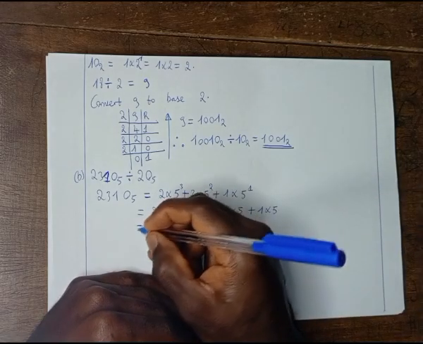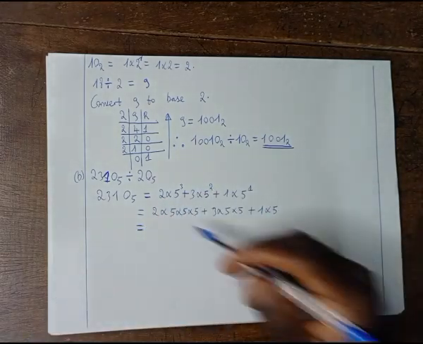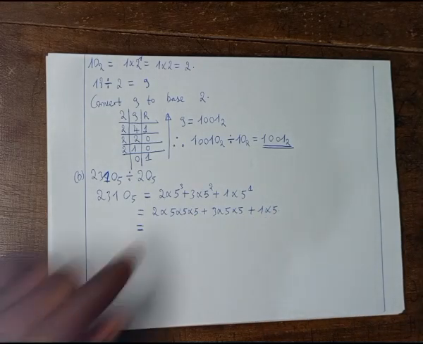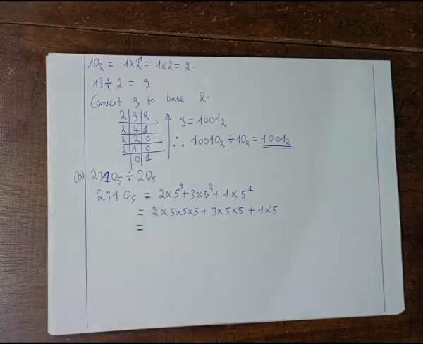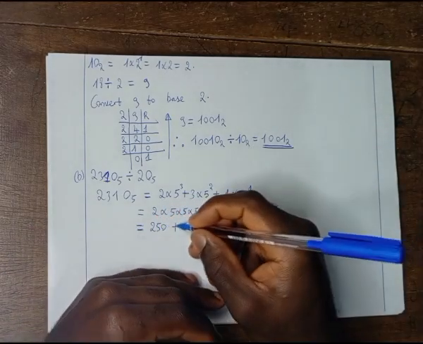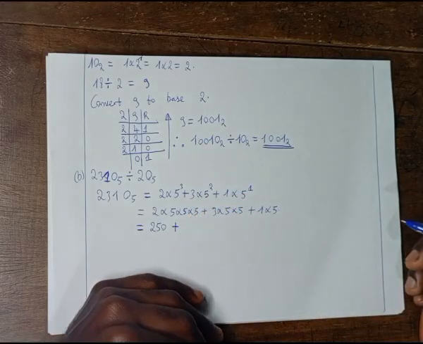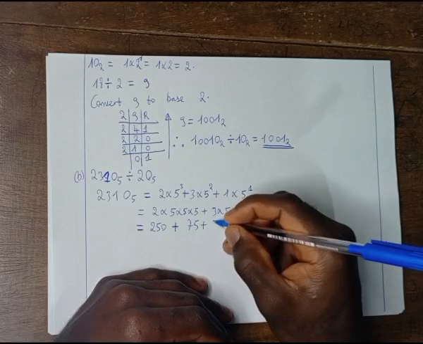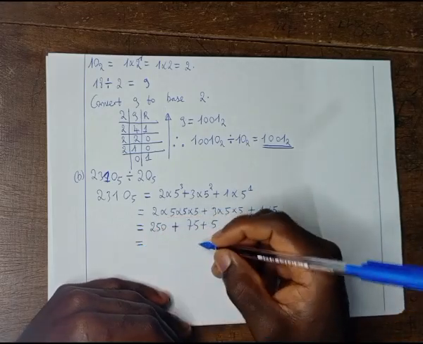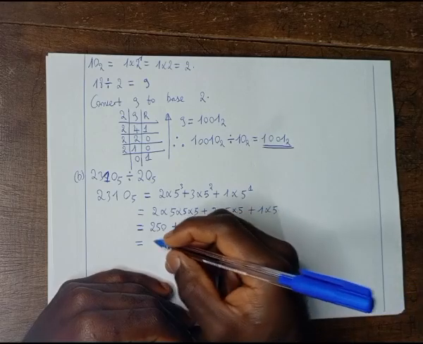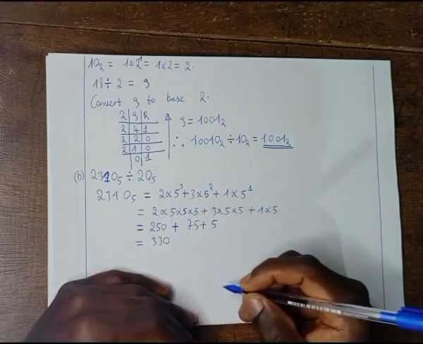This will simply be equal to, we know 5 times 5 times 5 gives us 125. 125 times 2 will simply give us 250, plus 3 times 5 gives us 15. 15 times 5 gives 75, plus 1 times 5 is 5. We add 250 plus 75 plus 5, we are going to obtain 330.